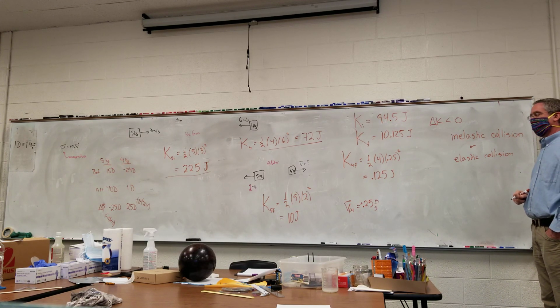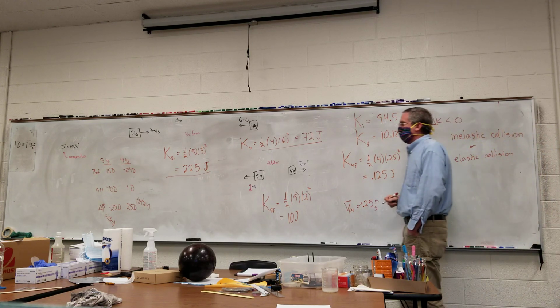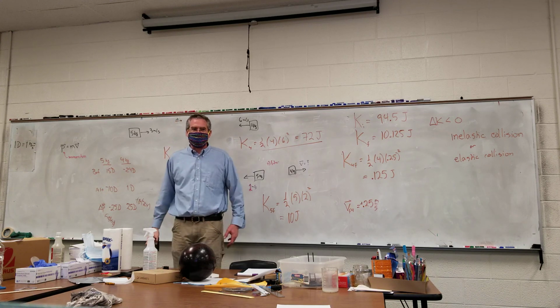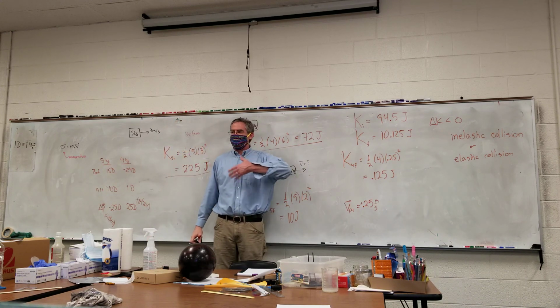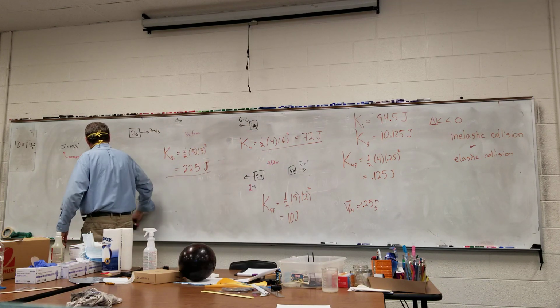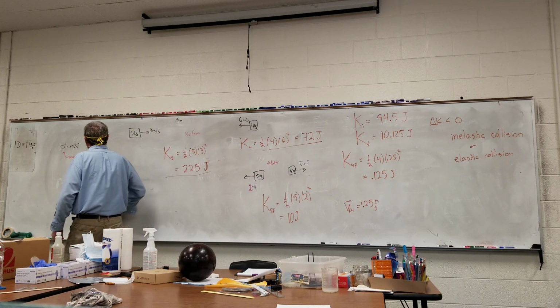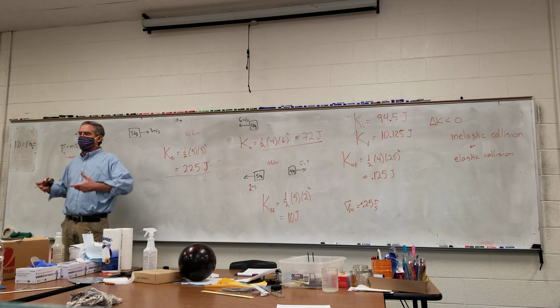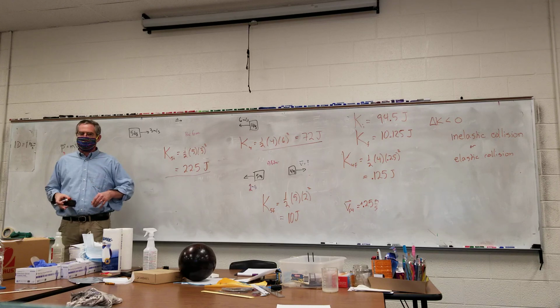So let's talk about some vocab again, because you can never get too much. There are a couple basic types of collisions that have certain trigger words that will automatically tell you something. First off, in a collision, you should immediately assume momentum is conserved unless they throw in a whole bunch of other stuff.